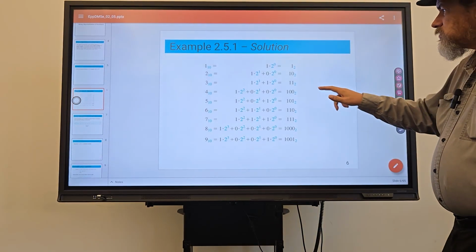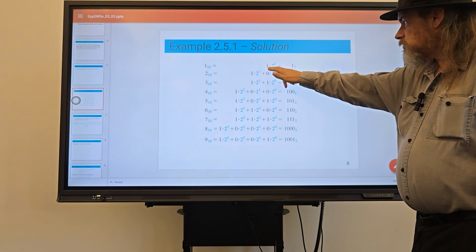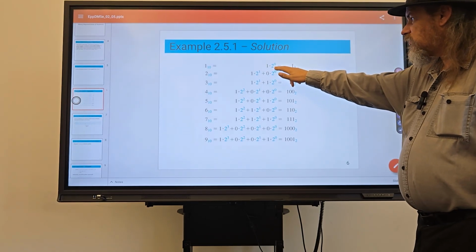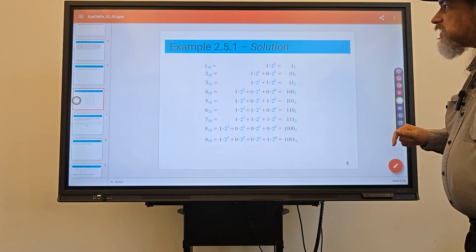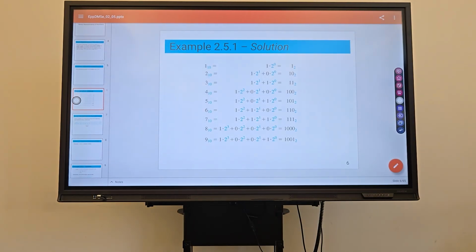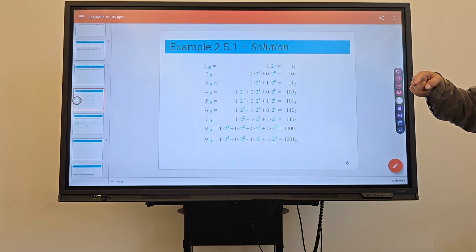So the first number 1 is 1 times 2 to the 0th power. Because you only have 2 symbols for binary notation, when you get to 1, you have to roll over to 0 and add 1 to the next column.